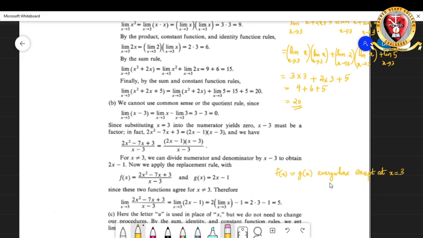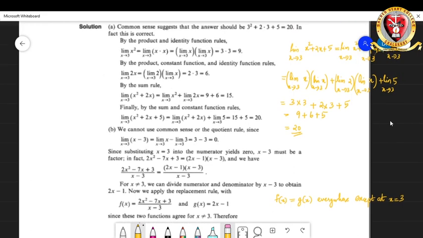So this is the usage of the replacement rule, which was the last one in the basic properties. So instead of this function, you can use 2x minus 1 here and then use the sum rule, constant rule and the product rule together to get it as 5.